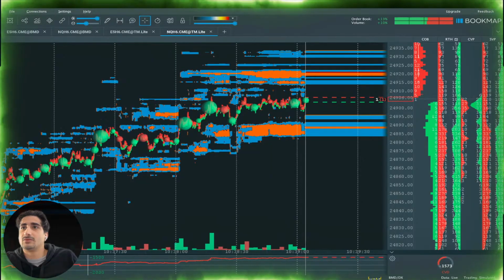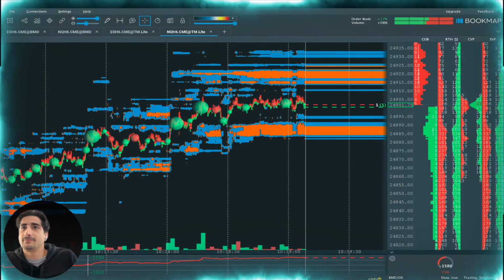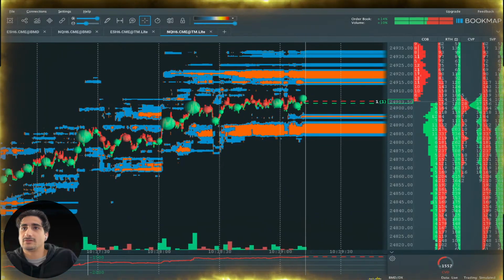Okay, pullback. No, maybe. Thinking about it. We're fronting this low volume node too.